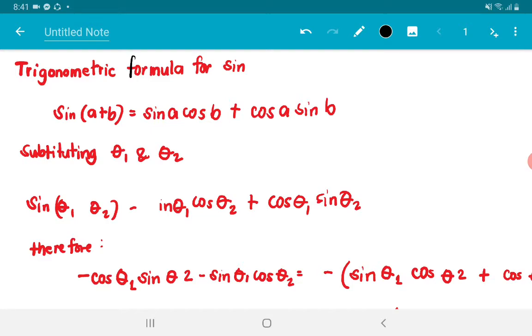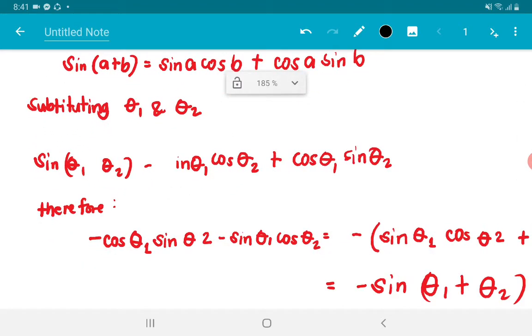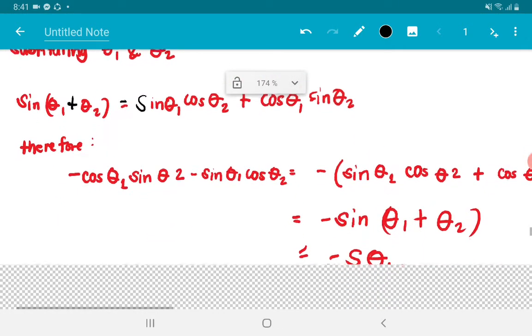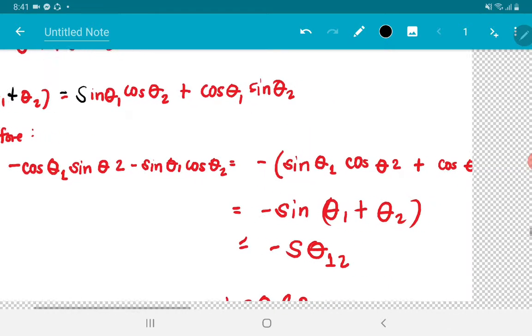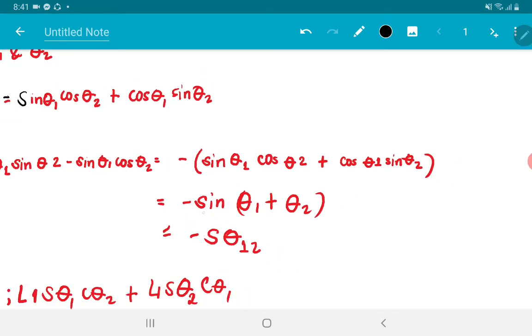So for the trigonometric formula for sine, A plus B is equal to sine A cosine B plus cosine A sine B. Substituting theta 1 and theta 2, we have sine of theta 1 plus theta 2 is equal to sine theta 1 cosine theta 2 plus cosine theta 1 sine theta 2. So therefore, negative cosine theta 1 sine theta 2 minus sine theta 1 cosine theta 2 is equal to the negative of sine theta 1 plus theta 2.